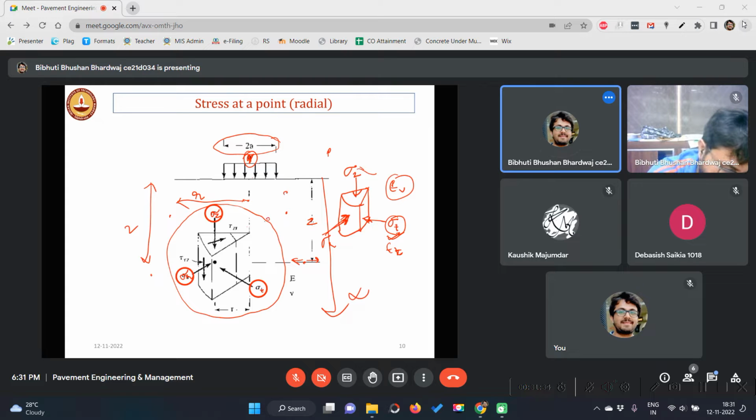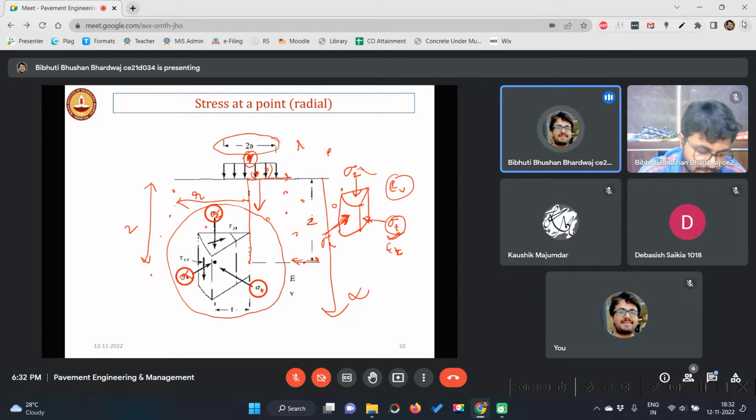For any point, we need only two parameters to define it. If this is 0, 0, then the value of r will be from here and the value of z will be from here.